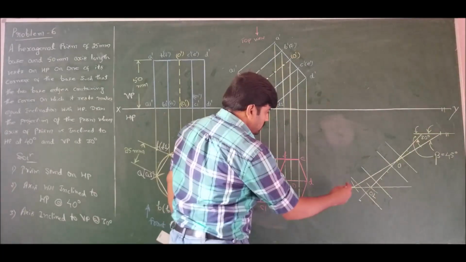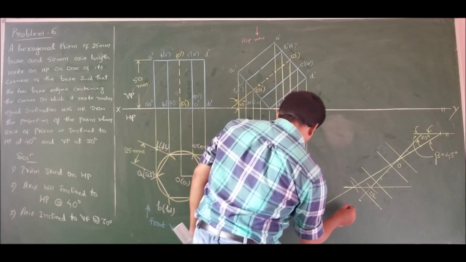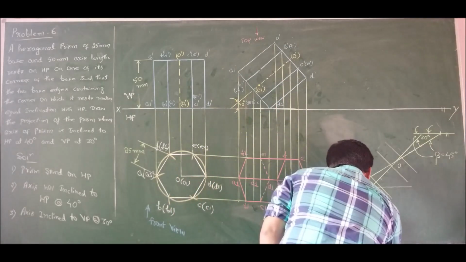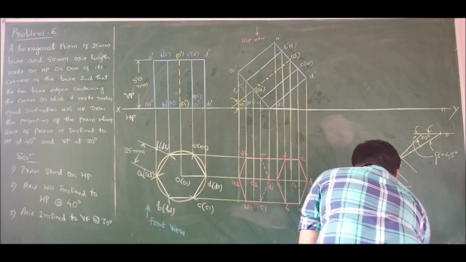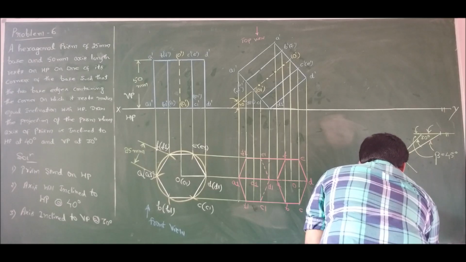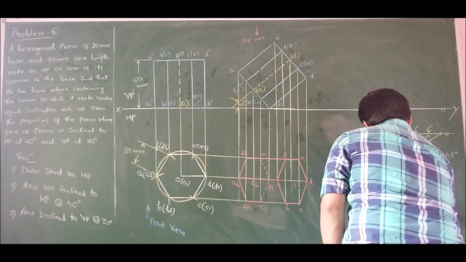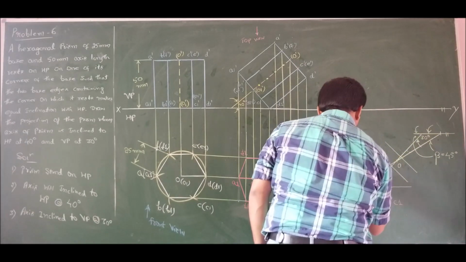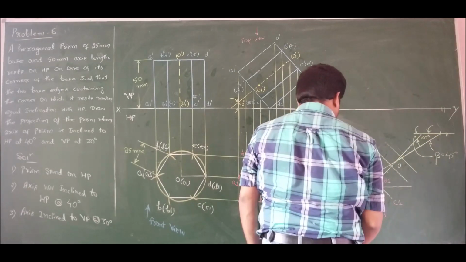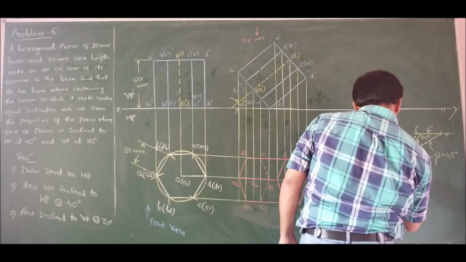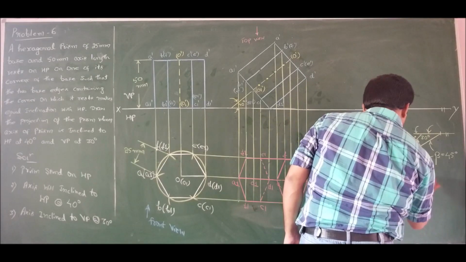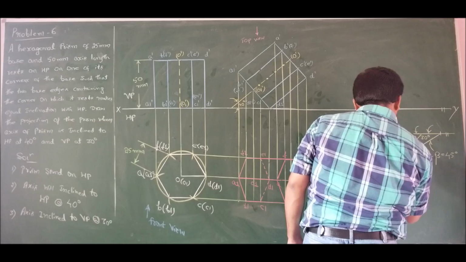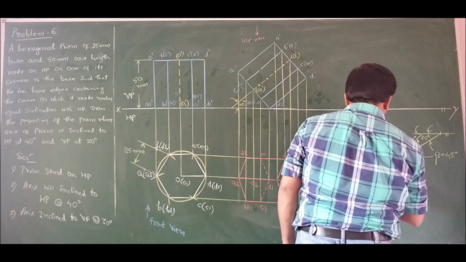Therefore, I transform all the corners. The corners which I have transformed are A1, B1, C1, D1, E1 and F1. I also transformed A, B, C, D, E and F.